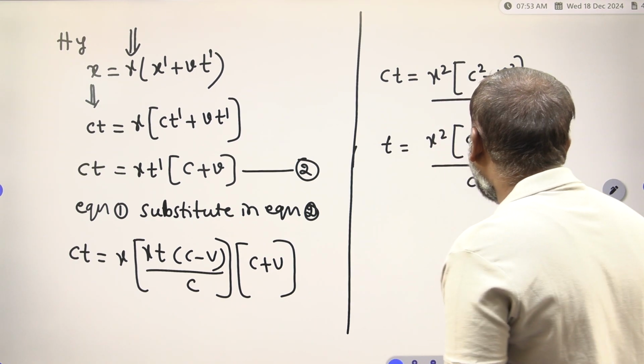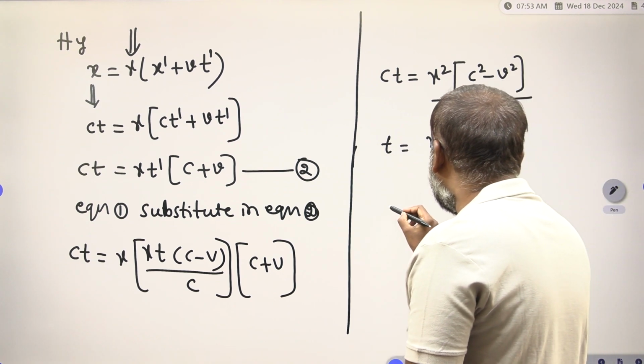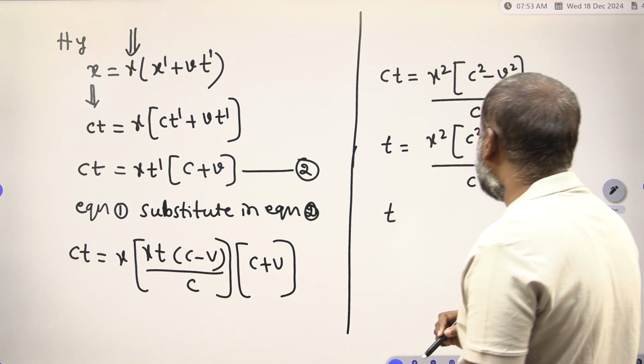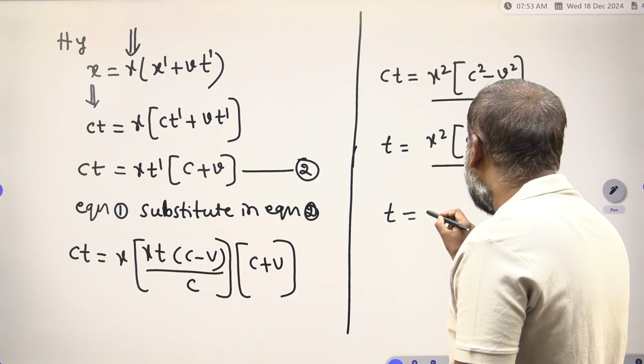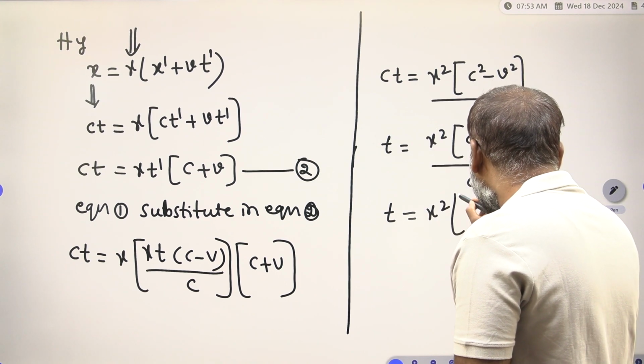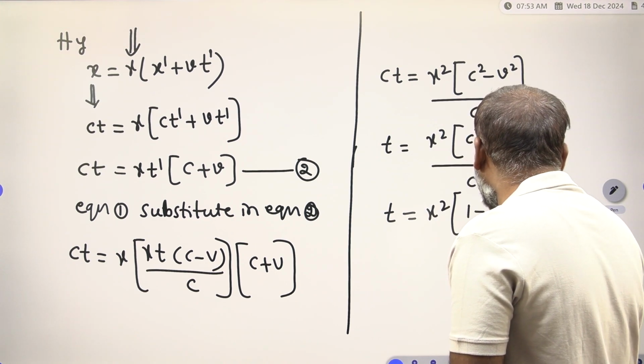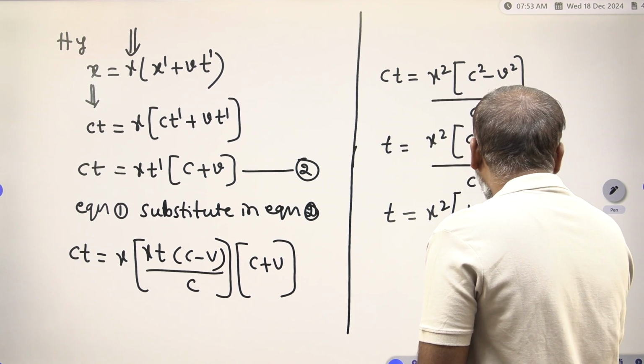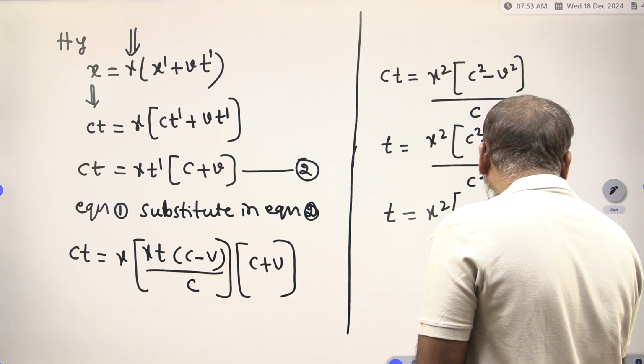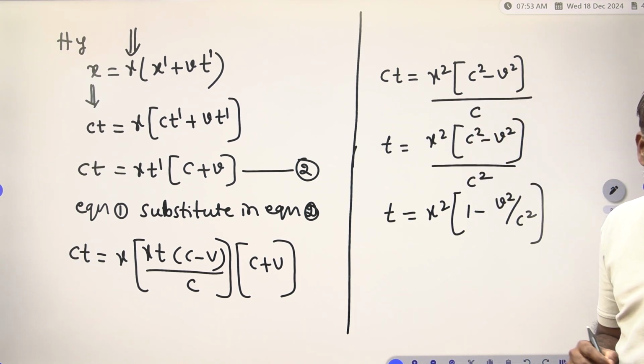Now, gamma square into c square divided by c square is equal to 1, minus v square by c square.